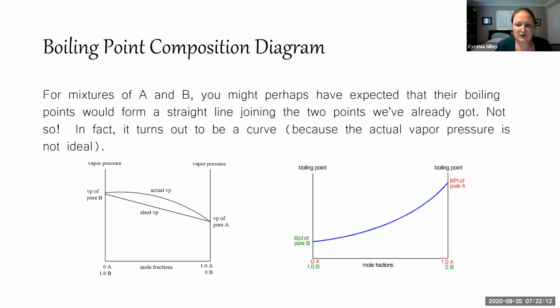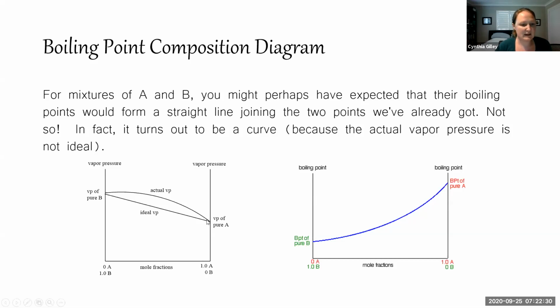So should we draw a straight line between the boiling point of A and boiling point of B for the boiling point of a mixture, right, according to its mole fraction? The answer is no. We should not draw a straight line because the intermolecular forces are not ideal.